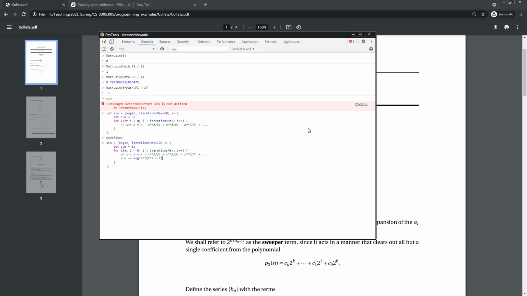So we need, on the bottom, factorial of that same number, 2 times I plus 1. But we haven't defined the factorial function, and so we can define that here.